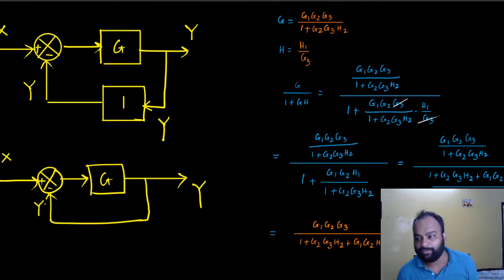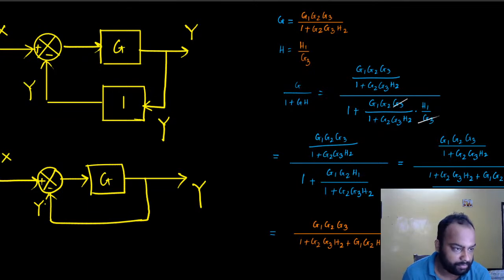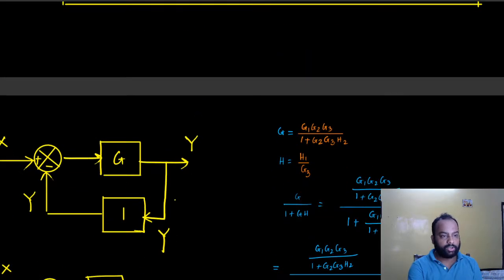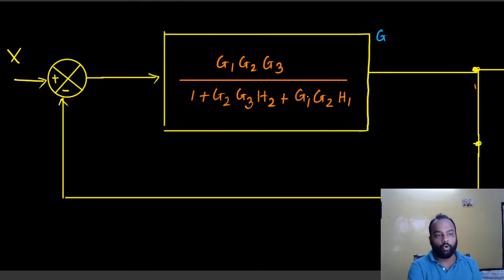Then again, we have not violated any signal constraints anywhere, right? So this one is essentially a feedback loop where the feedback transfer function is equal to 1.